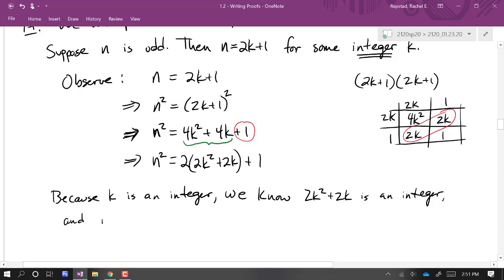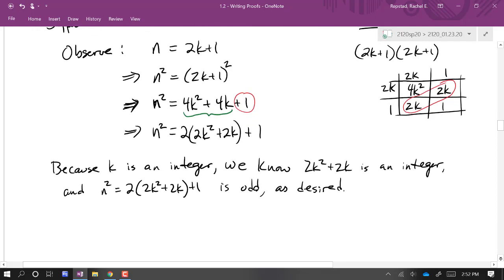And so that means that n squared, which is 2 times this integer plus 1, is odd, as desired. Now we're just about done. We've reached a conclusion here. But we proved this by contrapositive.